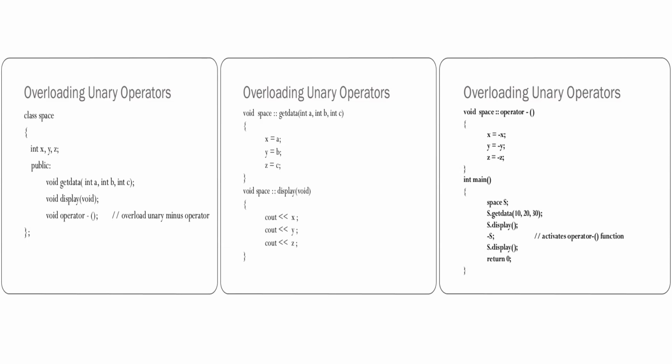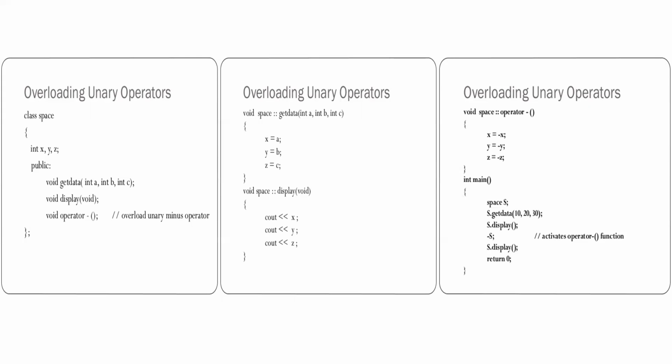And from the definition of get data, a's value is given to x, b's value to y, and c's value to z. And s dot display. So till here, fine. It will display 10, 20 and 30.